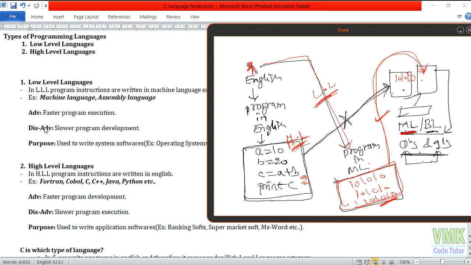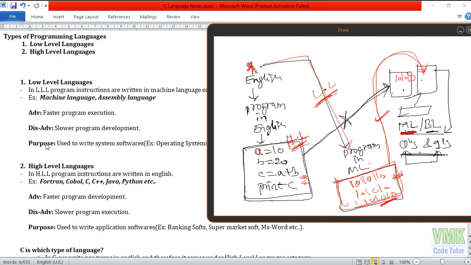Then what is the disadvantage? Slower program development. Writing the program in machine language in zeros and ones is very slow, because for each letter we have to write so many zeros and ones, which is very tough to write. Therefore writing programs in machine language is very slow. That is what we call slower program development.